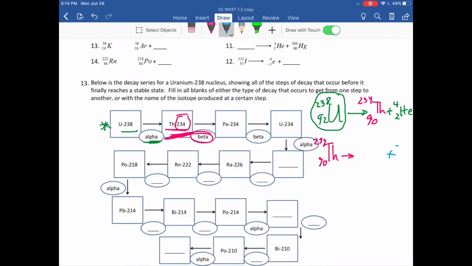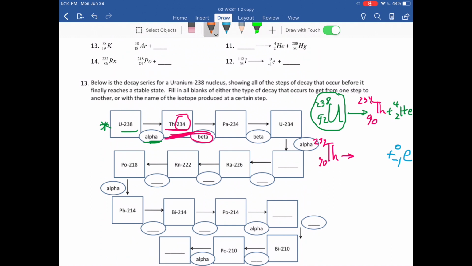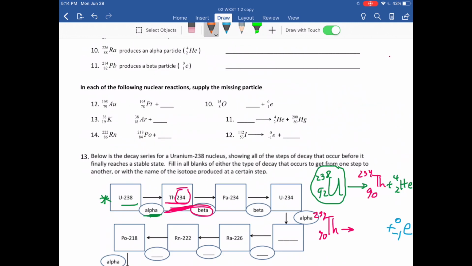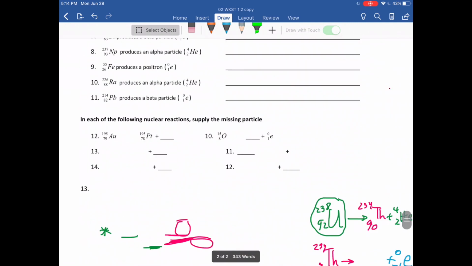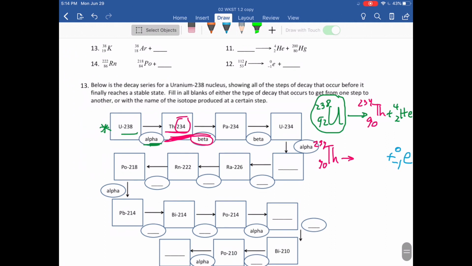So it's a 0, -1 e. So you need to find the new element, the transmutation. So the new element is going to be an element that, plus minus 1, has an atomic number of 90. So that's going to be 91. 91 plus minus 1 equals 90.